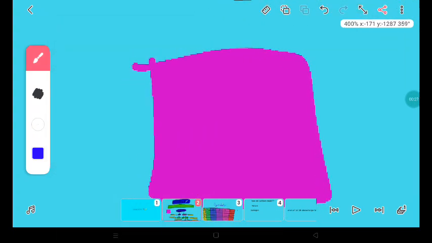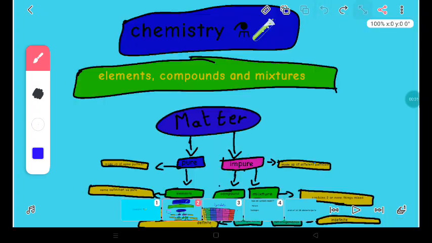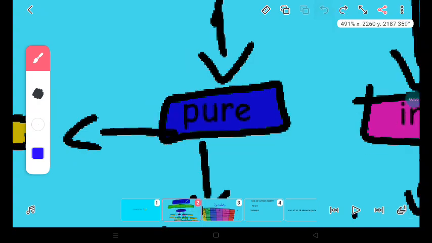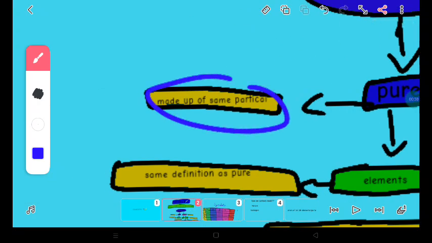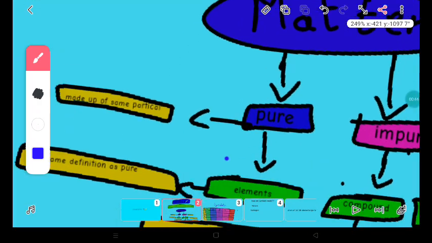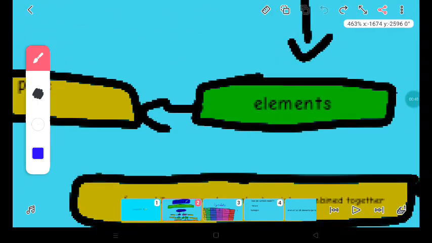There is no blue color or green color inside it. Only pink color. It is made up of only one type of color. Like that, pure substances are made up of only one type of particle.